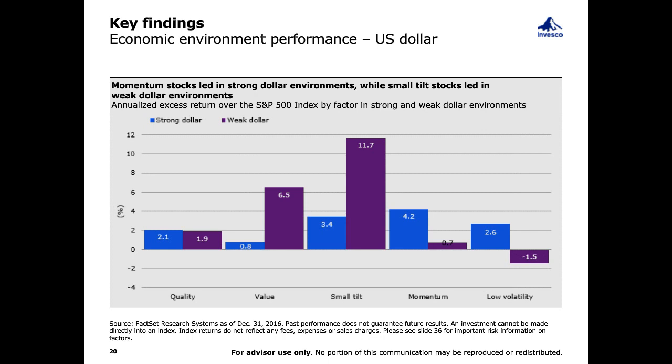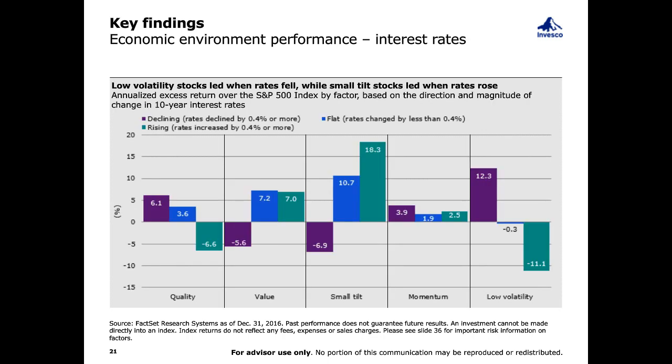Next, we look at the economic performance in different interest rate environments. The study period coincided with a decline in interest rates to historically low levels as the Federal Reserve attempted to stimulate economic growth through accommodative monetary policy.